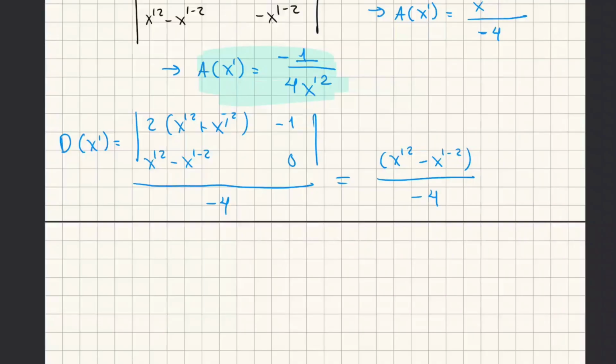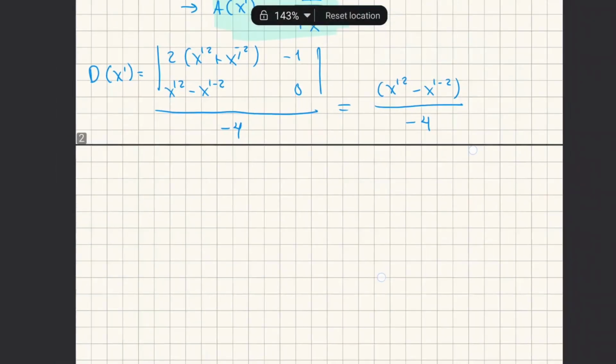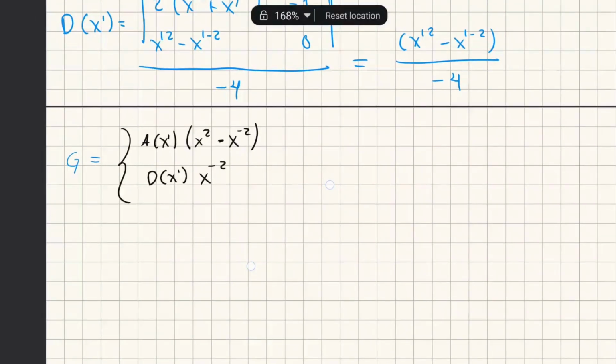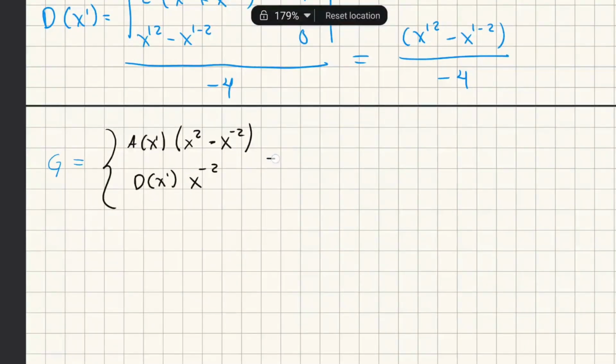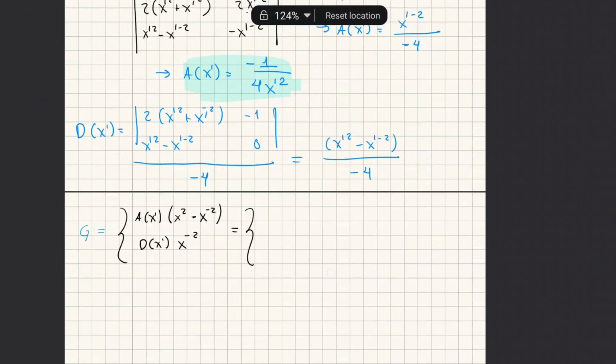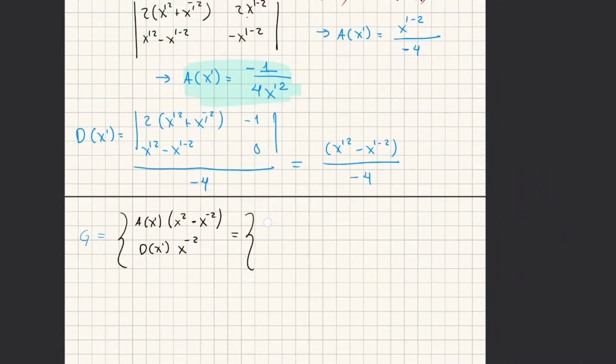Okay, so let me bring back the definition of the green function just to complete the result. Okay, so this is what we set for the definition of the green function. So if we take the results that we just found, we are going to get that here we have minus x prime to the negative 2 divided by 4 multiplied by x squared minus x to the negative 2.